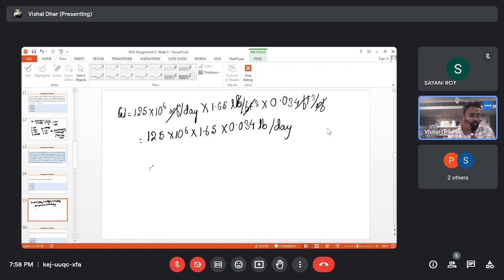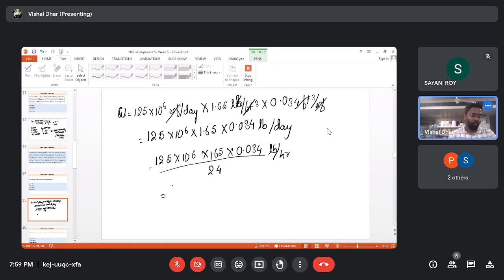So if we convert into mass flow rate per hour, it will be 125 into 10 to the power 6 into 1.65 into 0.034 divided by 24 lb per hour.